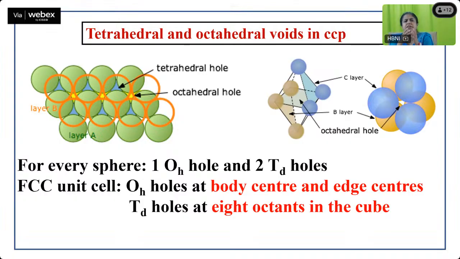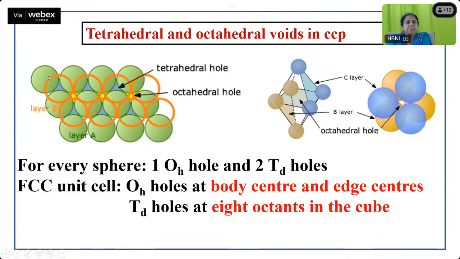Then we'll talk about how this makes CCP, that goes in the tetrahedral hole, that goes in the octahedral hole. So in the unit cell, we have to see where those tetrahedral and octahedral holes lie, both in terms of close packing as well as the unit cell. That way the later part of the lecture becomes really easy to understand.